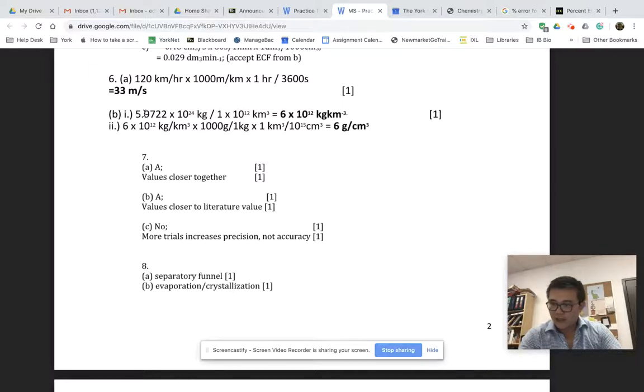Because the volume of the earth was given to you as 1 sig fig, your final answer has to be 1 sig fig. And since I know that it is a conversion, even in conversion, you still have to use the original given value. Since the original given value is 1 sig fig, you still have to round it to 1 sig fig. So that's the reason why.